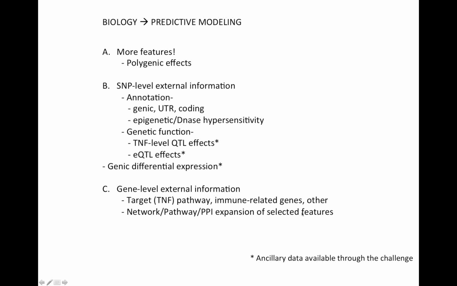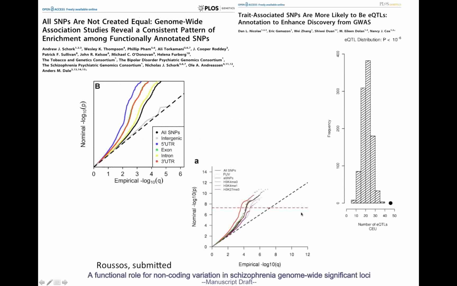So again, now the SNP level external information having relevance across complex traits. On the top left here, this paper in PLOS Genetics last year shows that if you take GWAS results from any number of traits, and the results here are shown for schizophrenia, and you separate SNPs according to their genic annotation, intergenic versus genic, exonic, intronic, or UTR, the result, across several different complex traits, was that 5' UTR was the top signal.